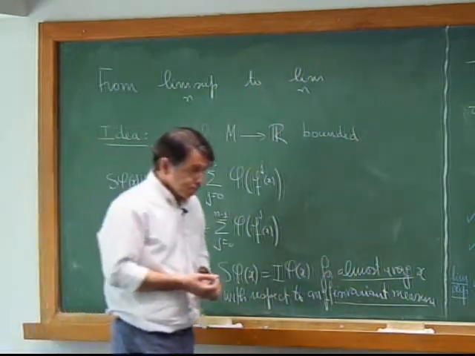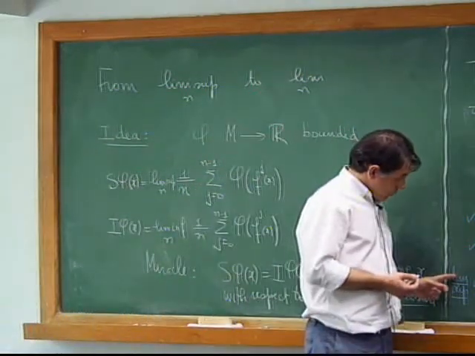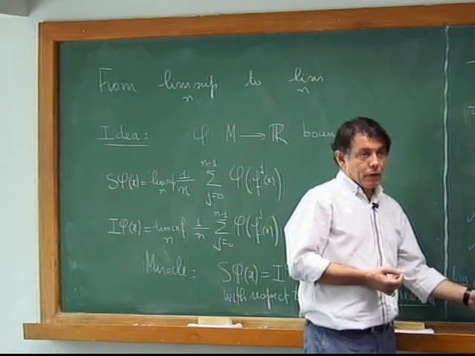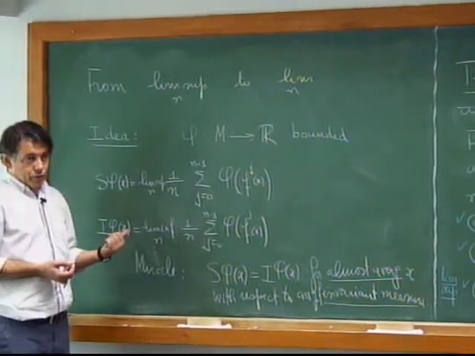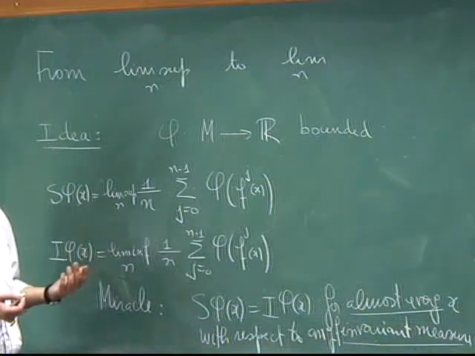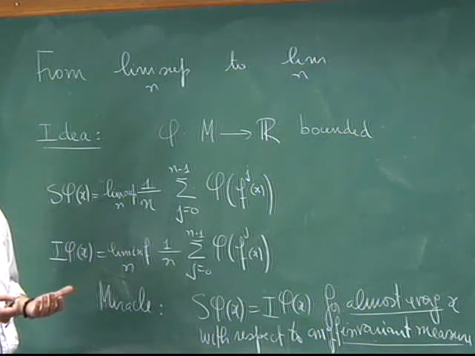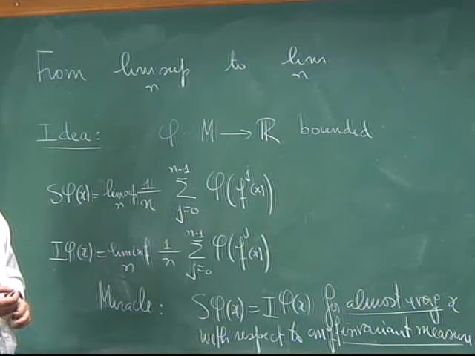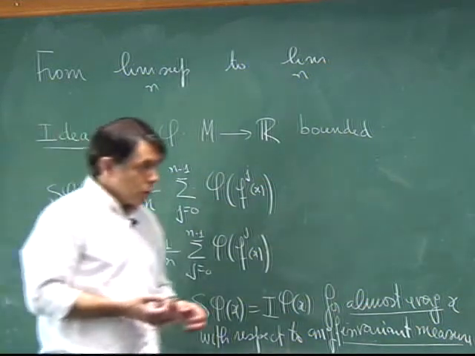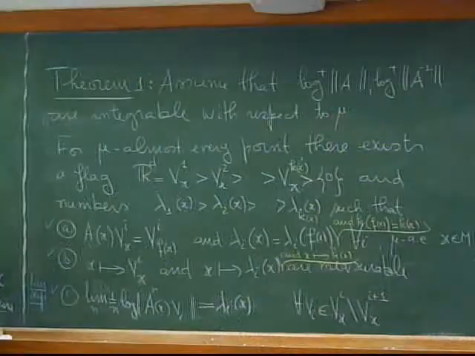So the way we are going to go from lim sup to lim is by using this idea. We are going to introduce invariant measures in the appropriate place, and we are going to use some version of the ergodic theorem to prove that where we wrote lim sup, the limit actually exists.